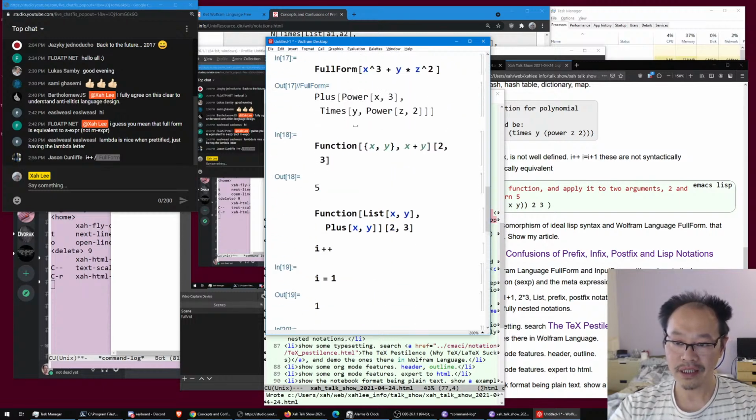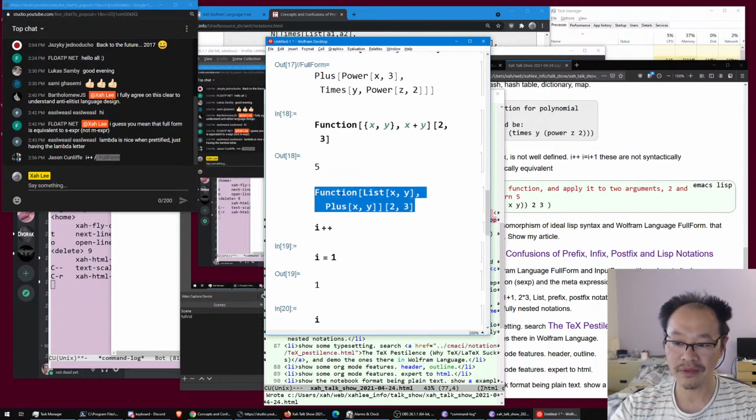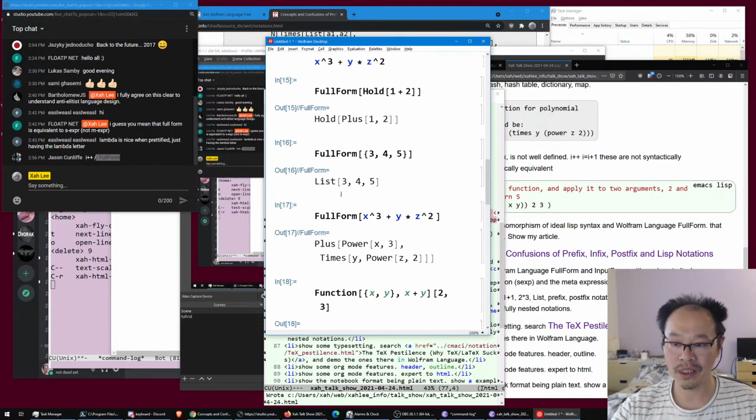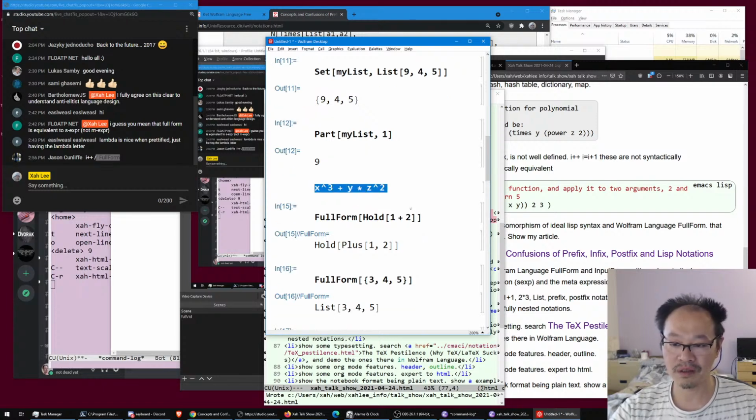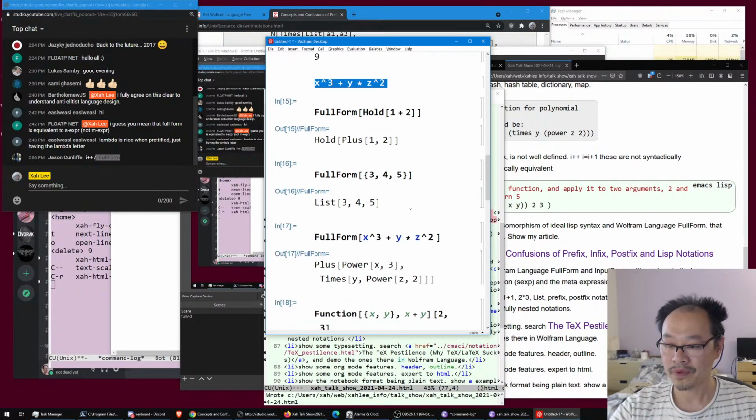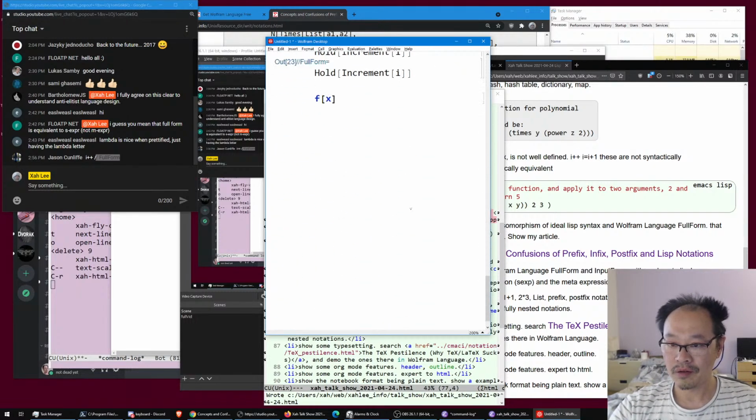The fully nested notation is kind of nice because it shows you the structure of the whole expression, similar to Lisp's nested parentheses. However, as we explained, they are cumbersome. Sometimes they are just not good when you have a polynomial or lots of calculations.